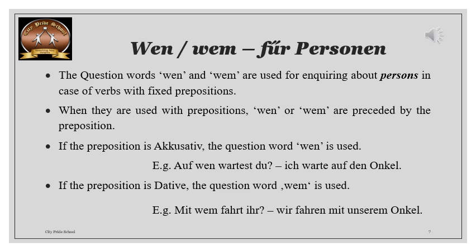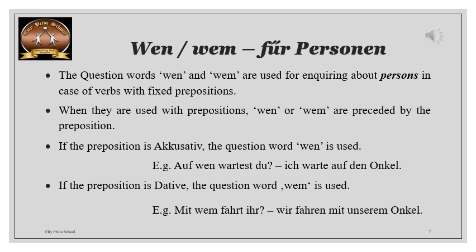While forming questions in case of verbs with fixed preposition, particularly for a person, we have to use wen or wem. So the first point is the question words wen and wem are used for inquiring about persons in case of verbs with fixed preposition.